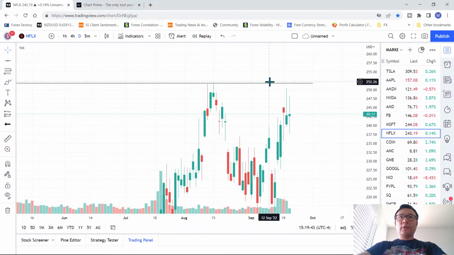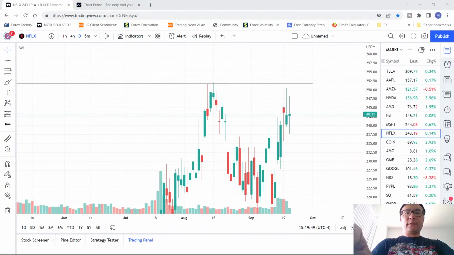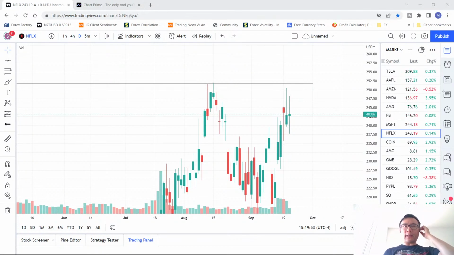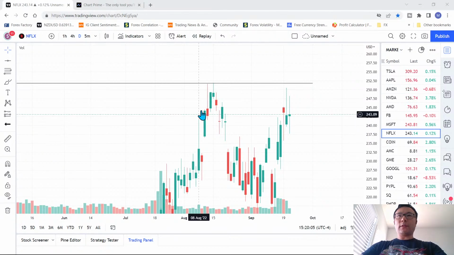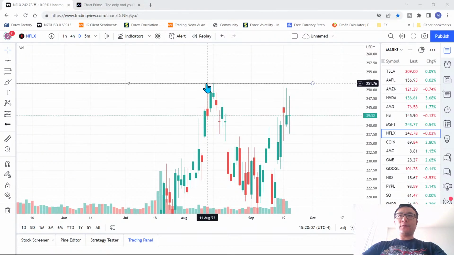Went a little bit higher, 252.50. Okay, so I'm going to write this down. And again, all the trades that I'm making are purely technical. Obviously, you have to do your due diligence on the fundamentals, but this is purely technical that I'm looking at. So this one I said, 250.50.